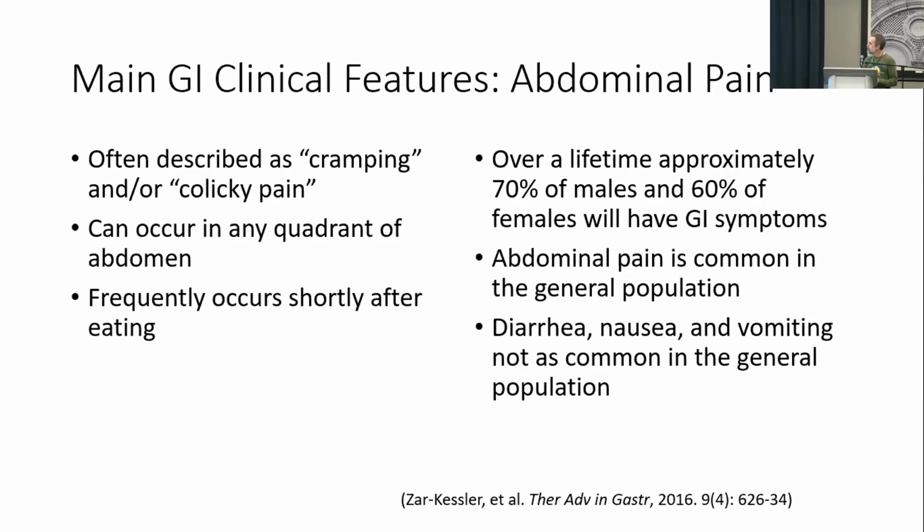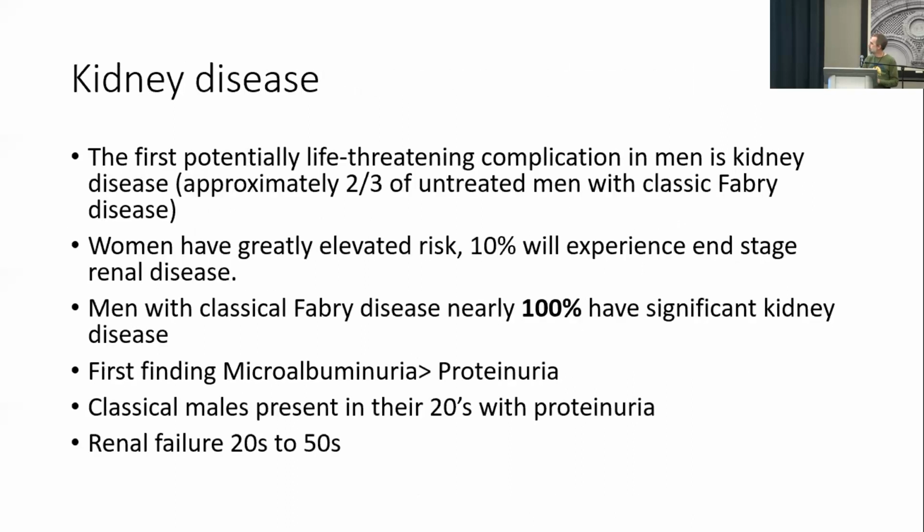It can move around. Often, especially the diarrhea, is right after meals. And that means you have to get to the bathroom quickly. You probably know more about that than I do. It worsens in periods of stress. You will find that's a theme in Fabry disease.